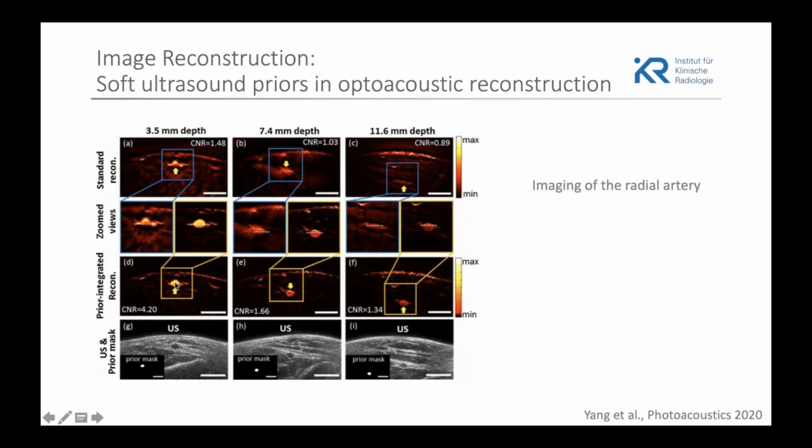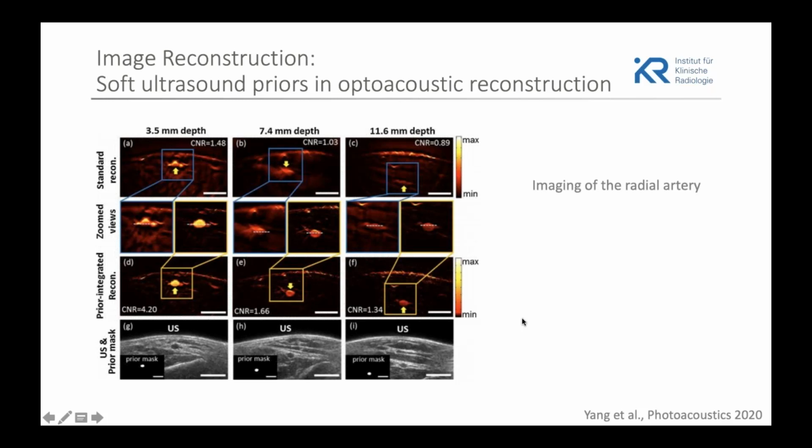But using the reconstruction method, you can identify now the whole vessel here within the tissue. This works more or less also in the deeper tissue up to 1 centimeter here. The radial artery is here in a deeper tissue due to more subcutaneous fat. But again, here I actually don't see anything in the optoacoustic imaging, or I would not be sure at all. This is the radial artery. At least here you get an idea where to look at.